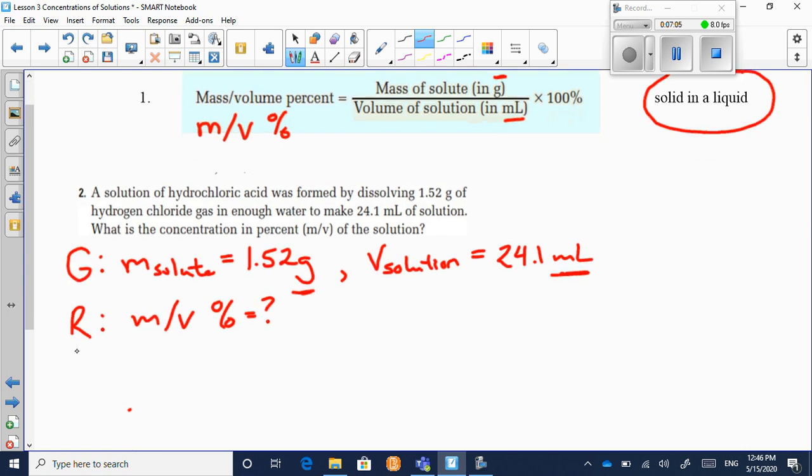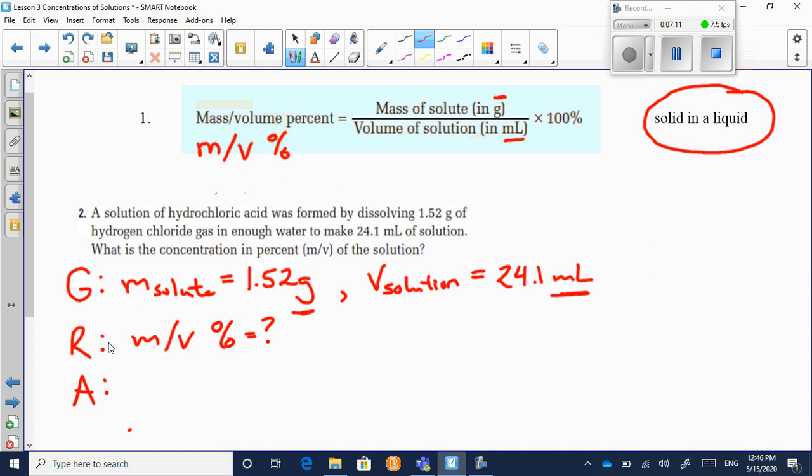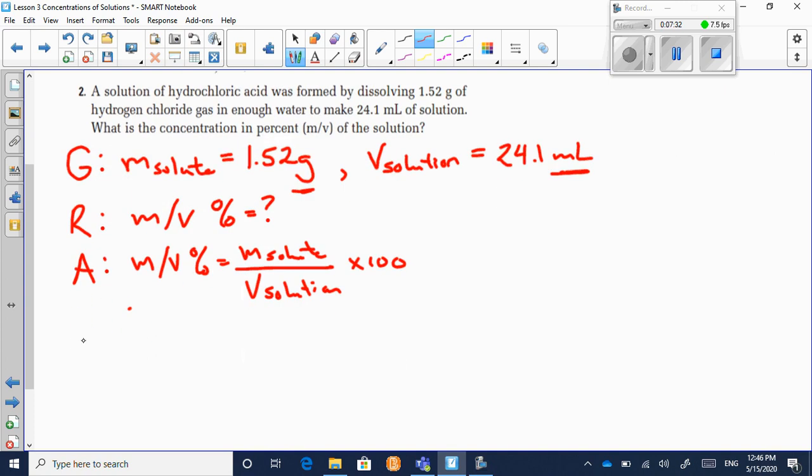Okay, so the analysis, it's basically the formula that's at the top of the page here. And so I'll just write it. The mass volume percent is equal to the mass of the solute divided by the volume of solution times 100. Okay, so let's sub and solve.